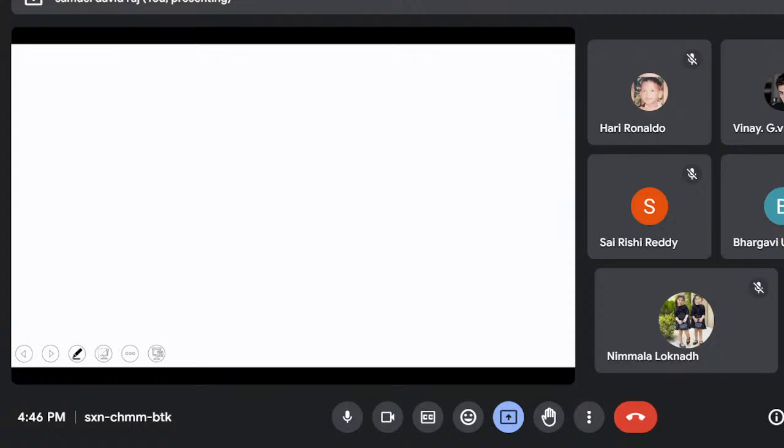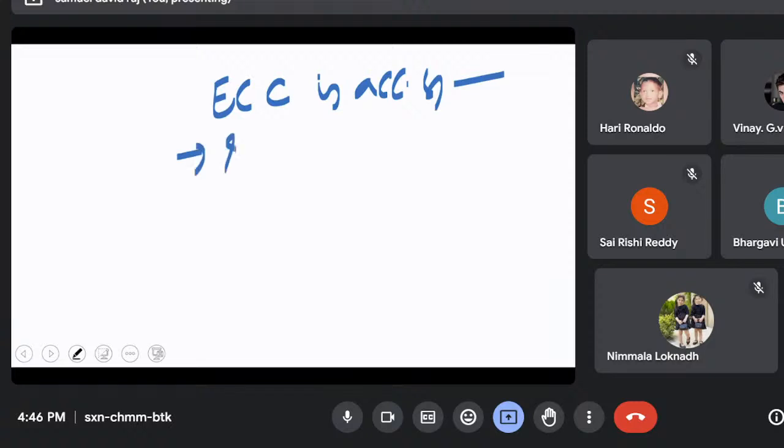So in the examination, the question may be like this: excitation contraction coupling is accomplished by, and the answer is the release of calcium ions into the sarcoplasm.